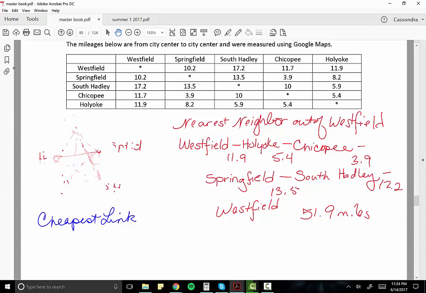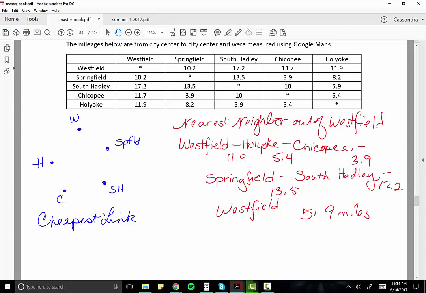I just need to erase this so I can draw it in a place where you can see without scrolling down or zooming out. Okay. 1, 2, 3, 4, 5: Westfield, Springfield, South Hadley, Chicopee, Holyoke.